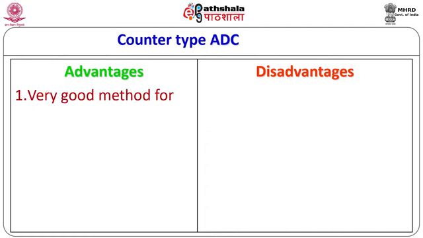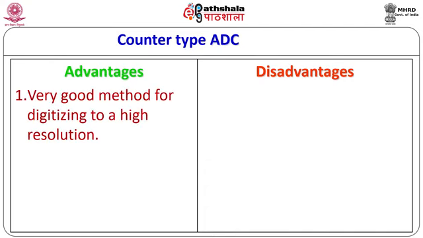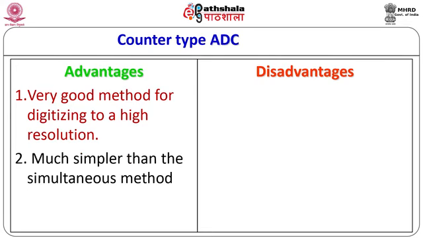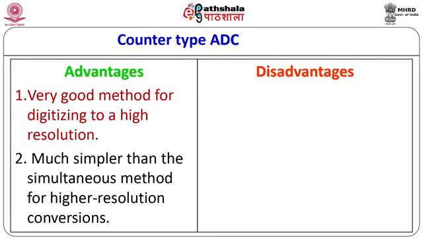The counter type ADC is a very good method for digitizing a signal to a higher resolution. It is found that this method is much simpler than the simultaneous method for higher resolution of conversion. However, this method also has certain drawbacks. The drawback of this counter type ADC is its conversion time.